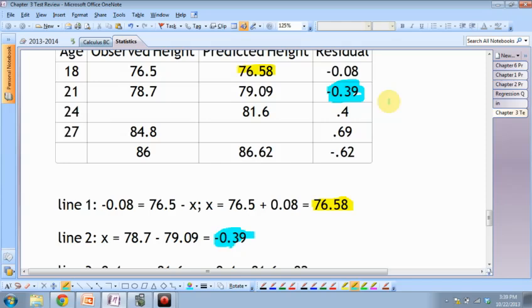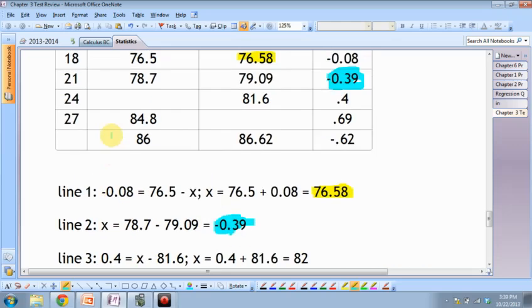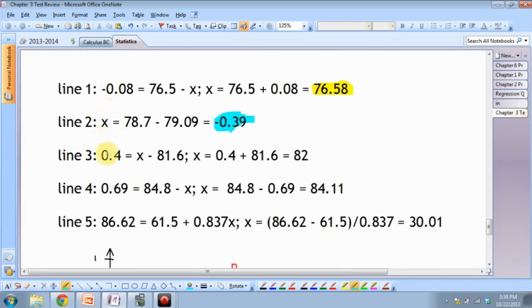The exact same thing gets done on line 3. The residual 0.4 is equal to the unknown minus 81.6. So the residual 0.4 is x minus 81.6.